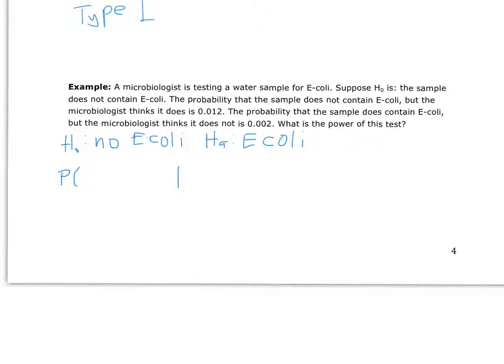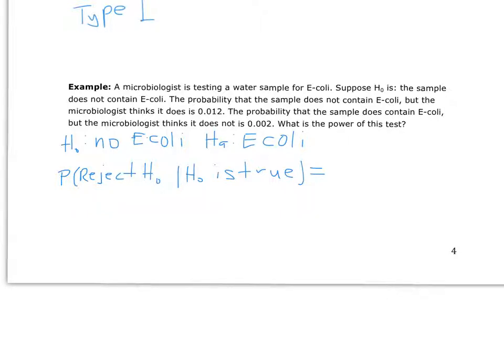The null hypothesis is true. All right, but the microbiologist thinks it does. So the microbiologist is rejecting the null. So this is the outcome where the microbiologist rejects the null, given the null is true. Okay, so this outcome, what does this reflect?